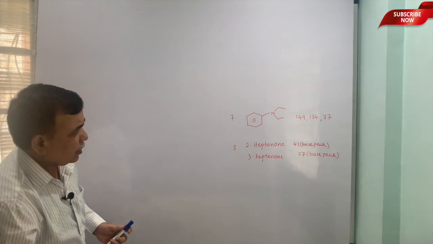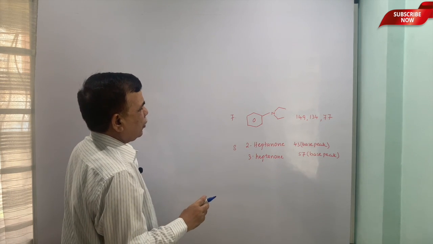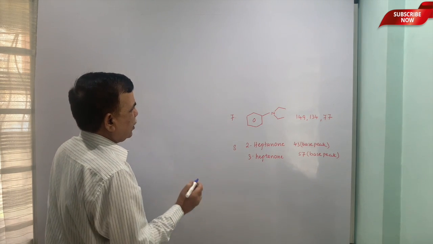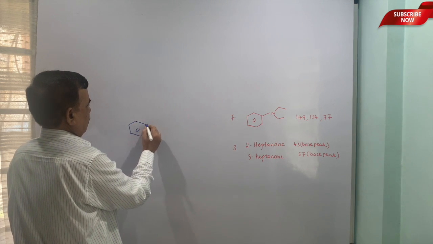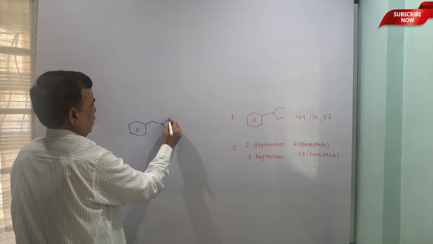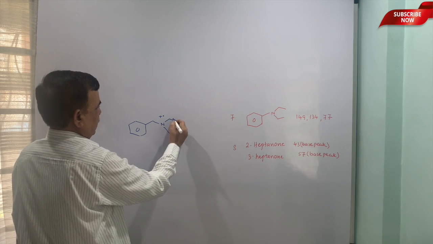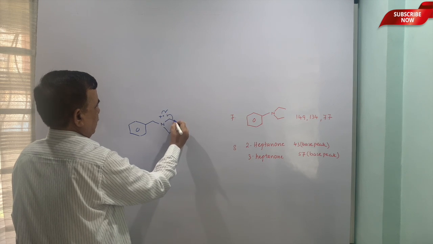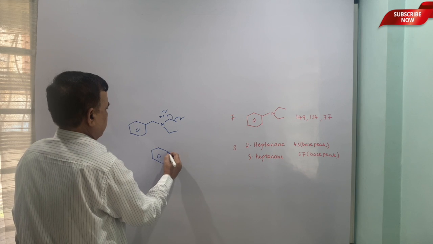Next example is this tertiary amine. 149 is M plus, 134 is loss of methyl. So let us put radical cation here. Methyl goes off and you get this.